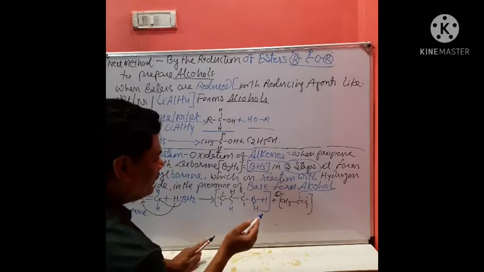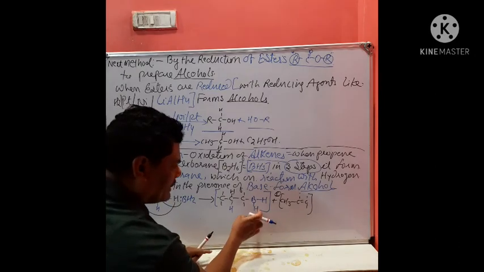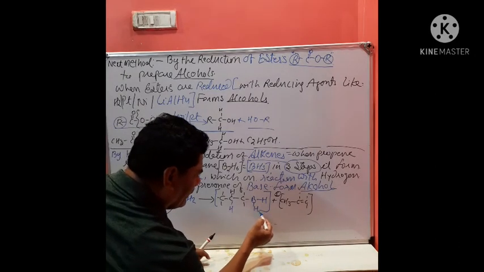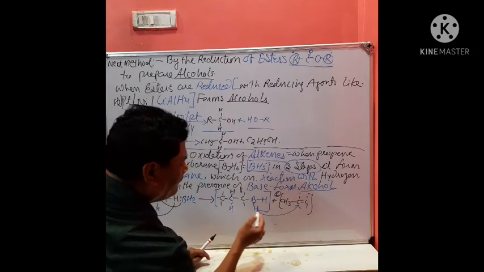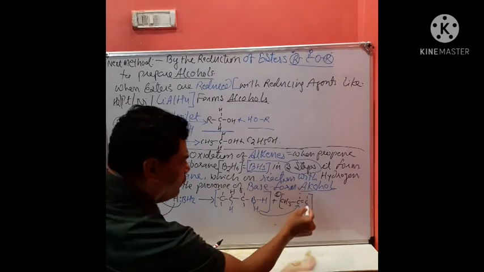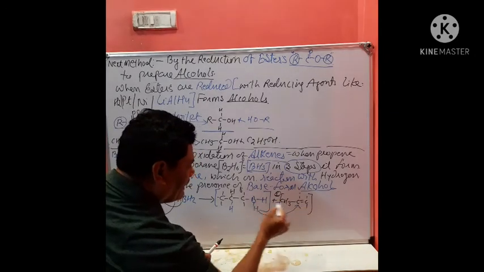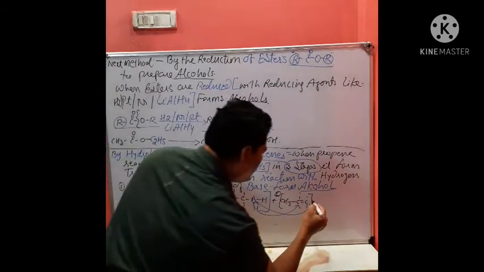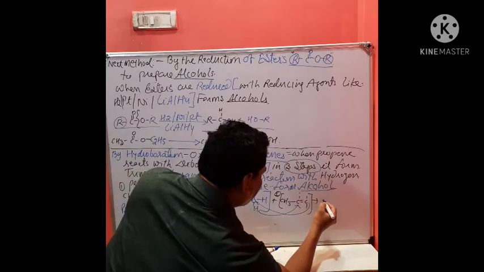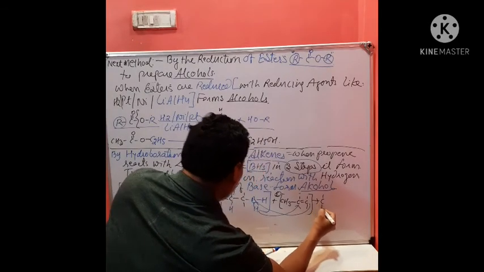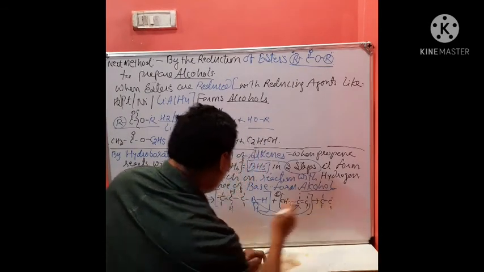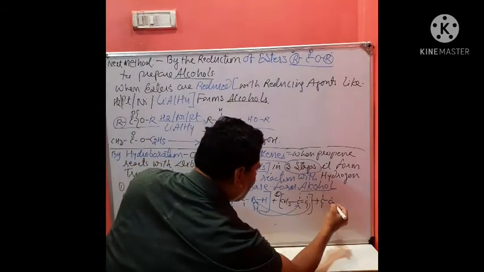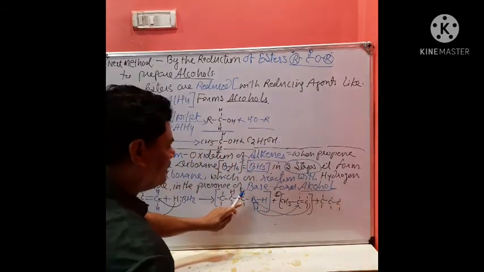So now there is one H. This H will enter where? In this carbon, isn't it? And now the boron will attach with this carbon atom, forming one more compound. What is this? CH3, CH2, this one, again CH2, this one.